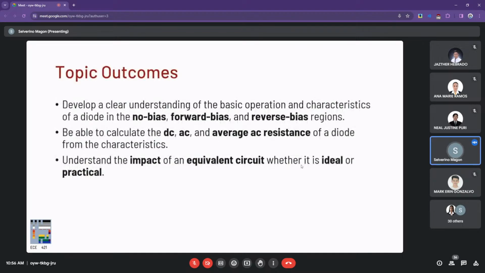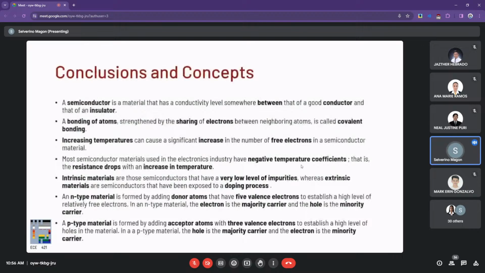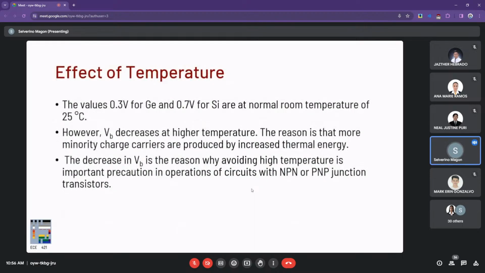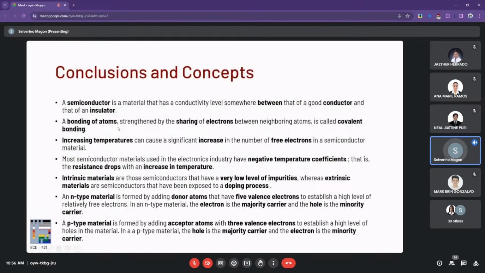So here are some of the ideas that we've shared last time. If we are to recall, the semiconductor diode is created by joining an N-type material and a P-type material, both of which are produced out of intrinsic semiconductors.